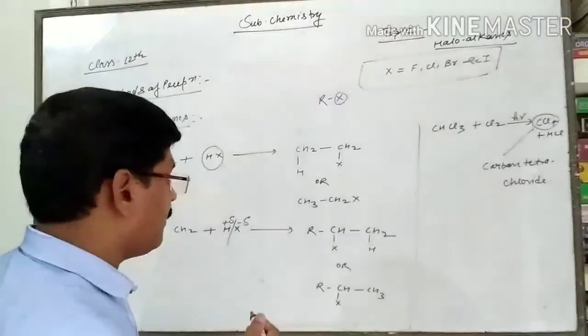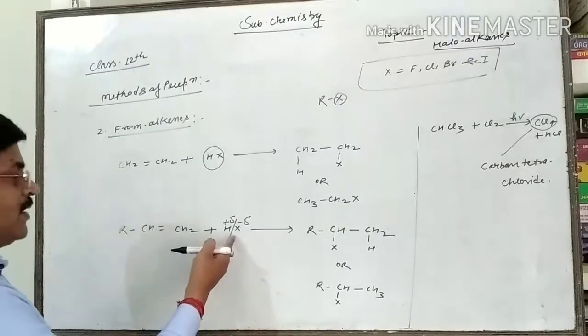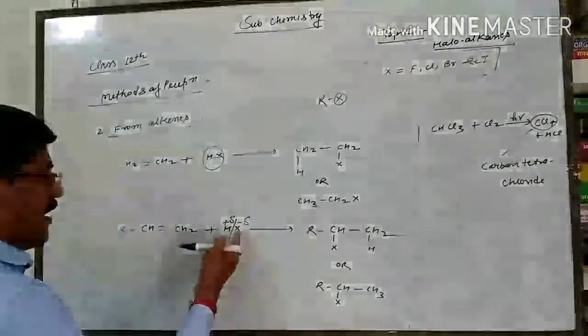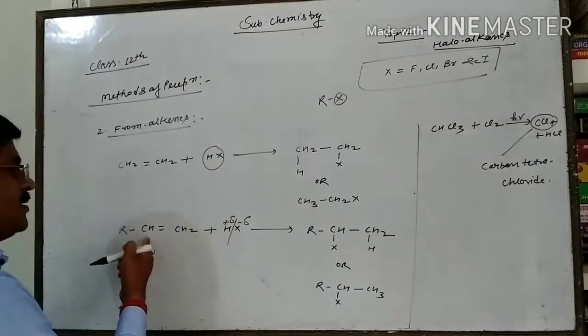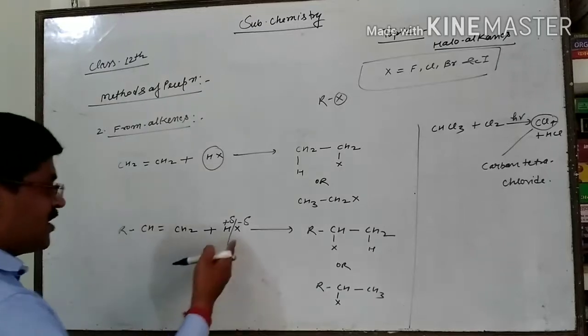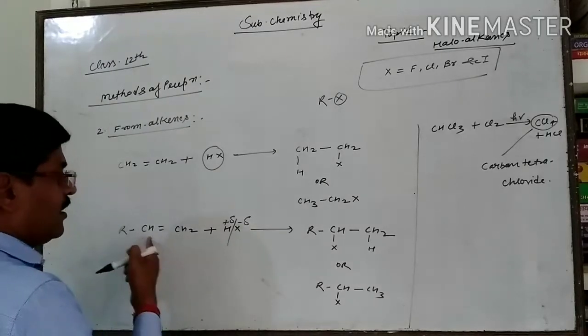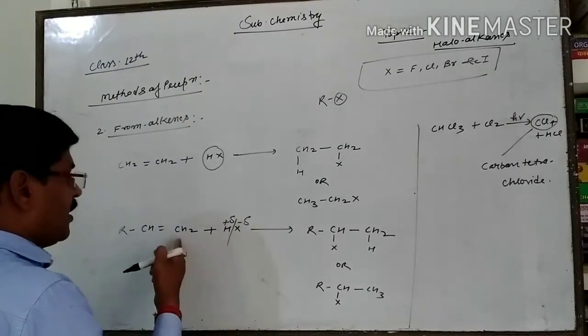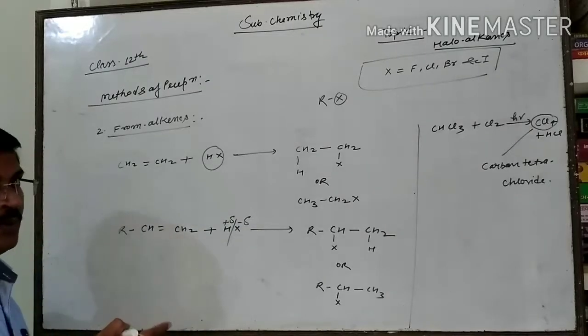According to Markovnikov's rule, the negative part of the hydrogen halide adds over the double-bonded carbon having fewer hydrogens. The positive part, hydrogen, adds over the adjacent carbon having more hydrogen atoms.